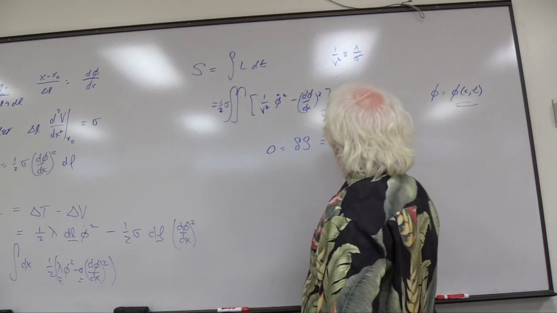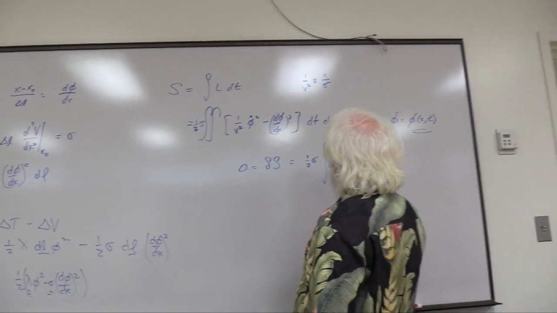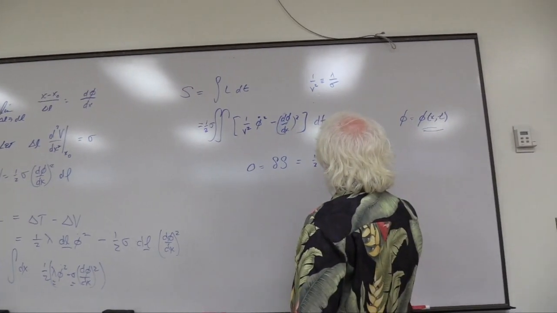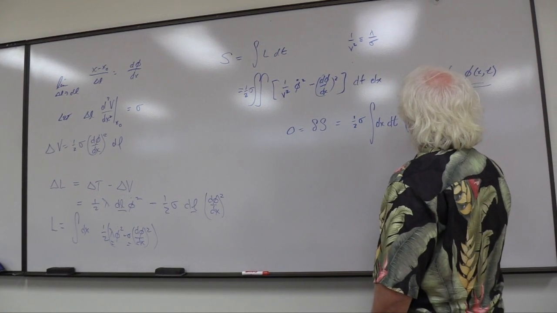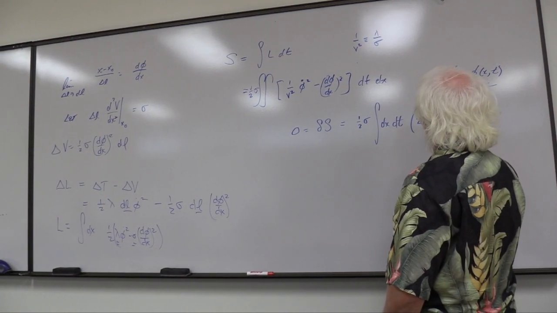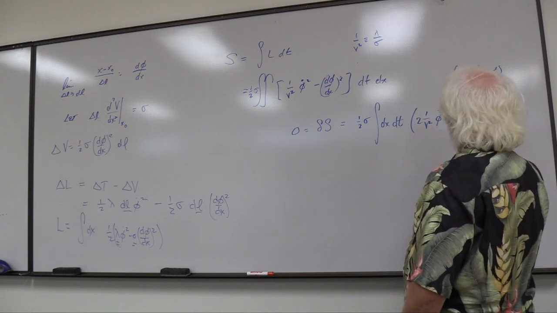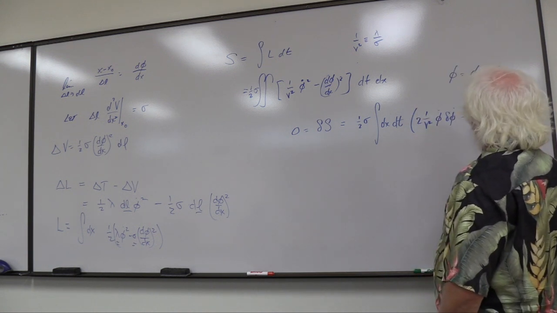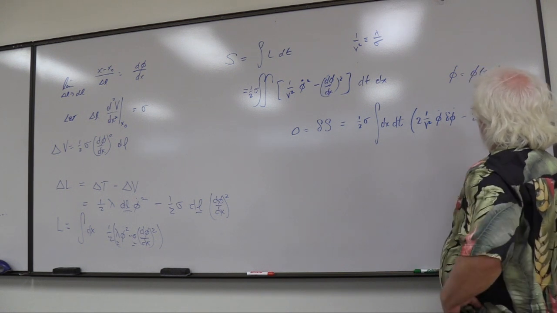Okay, and when we vary this, full integrals here, then I'm going to get 1 over v squared times 2 times phi dot del phi dot minus twice phi prime del phi prime.